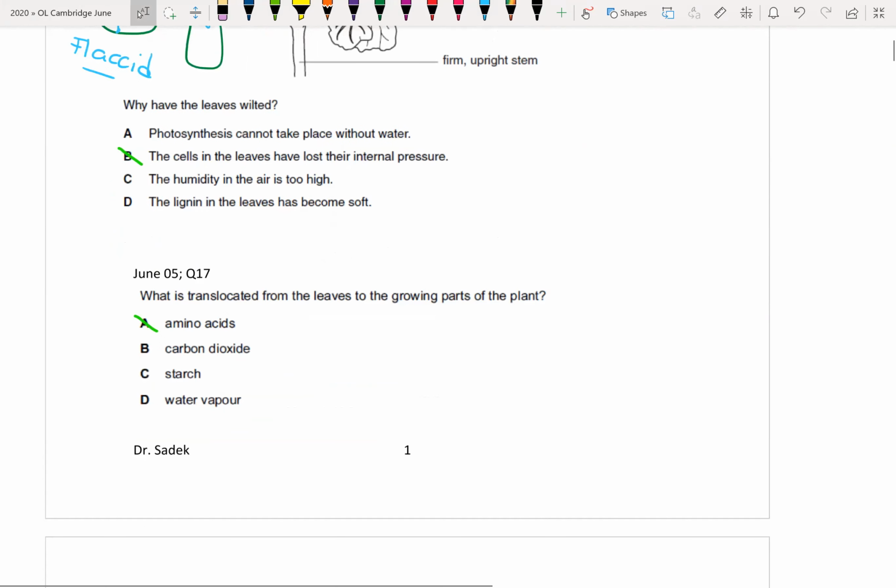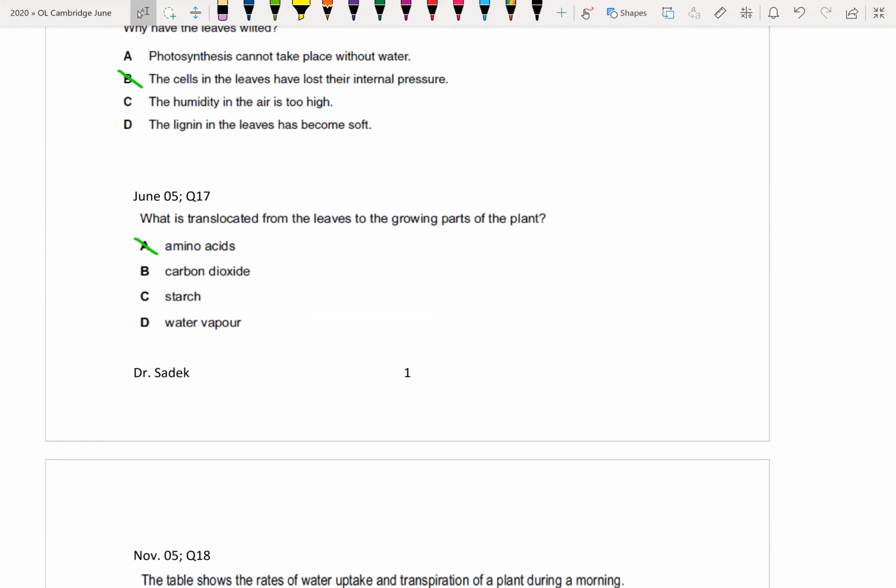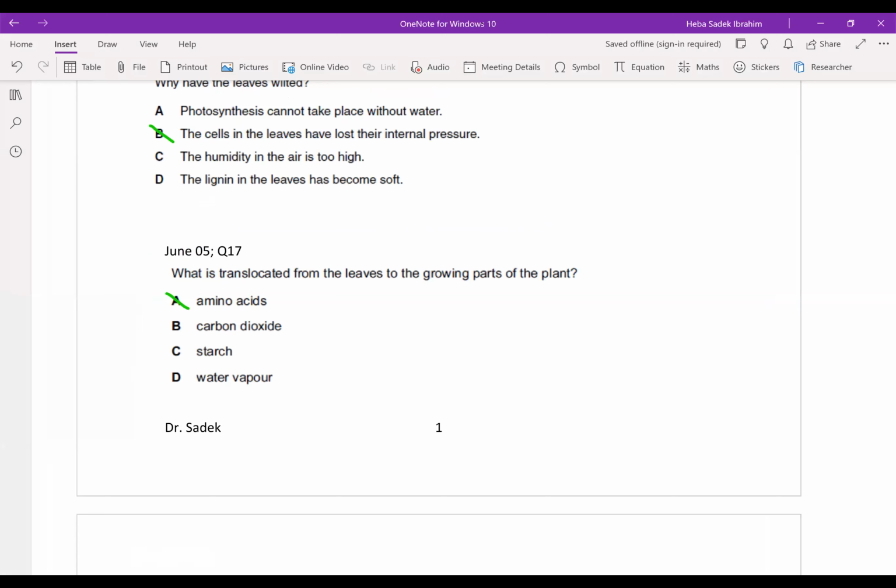And then what is translocation? Translocation is the movement of the food in the phloem vessels, which are the vessels responsible for transporting the food. Sorry, phloem vessels: sucrose and amino acids are transported in the phloem vessels.